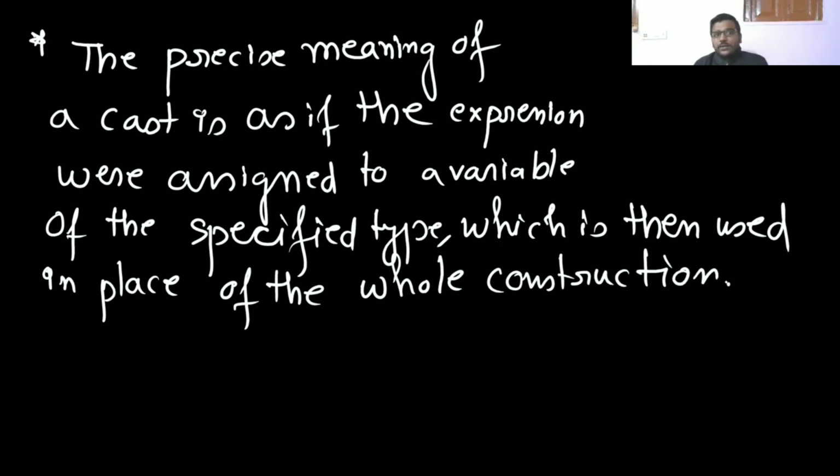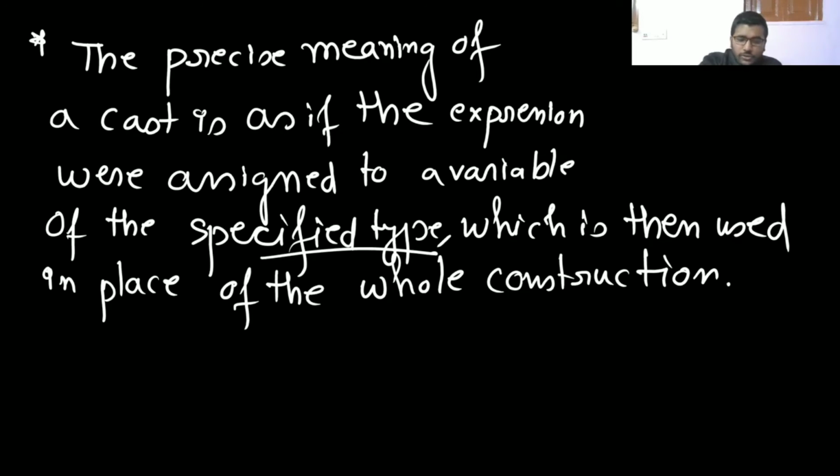So the precise meaning of a cast is as if the expression were assigned to a variable of a specified type, which is then used in place of the whole construction. Okay, so with an example it will be more clear.